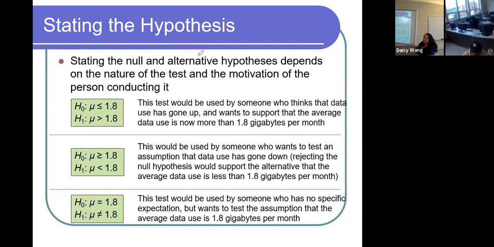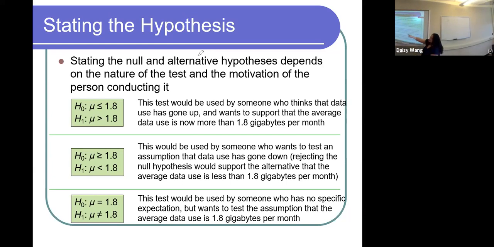So if I believe, okay, more people have realized the smartphone is bad, so we want to lower the data usage. So I believe that the data usage has gone down. Then there will be a new range, less than 1.8.